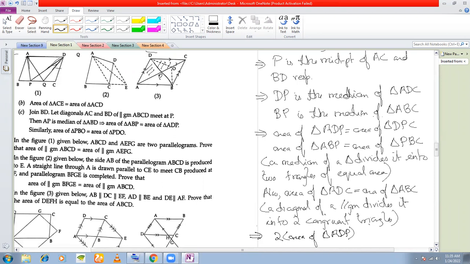Just check. Can I write area of triangle ADC is equal to twice area of triangle ADP? These two triangles are equal in area. Yes, sir. And what can I write here? What about area of triangle ABC?